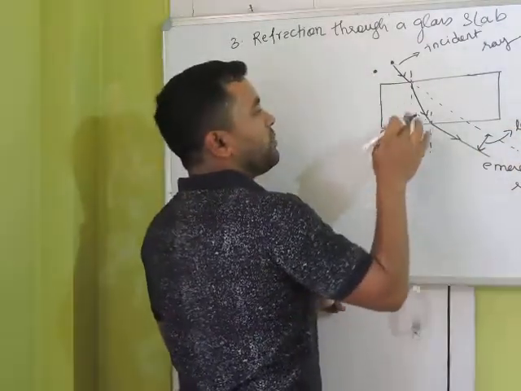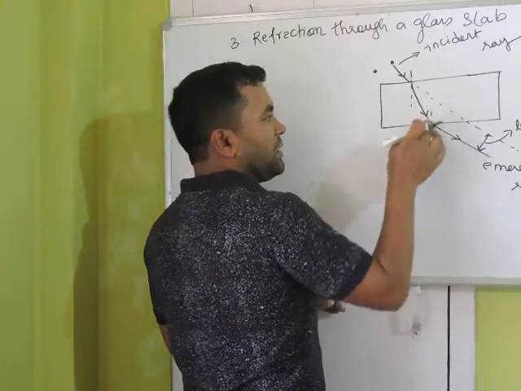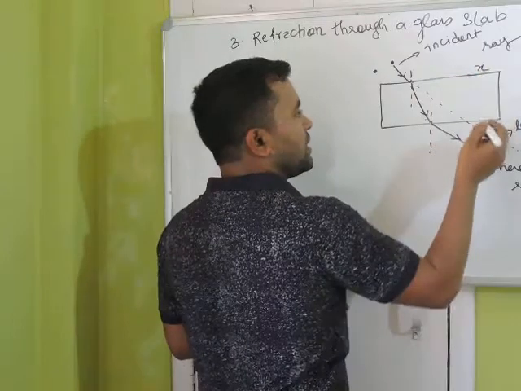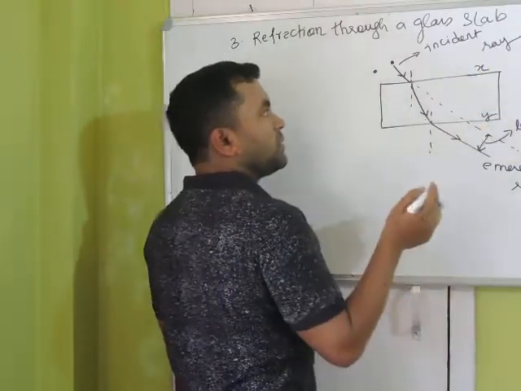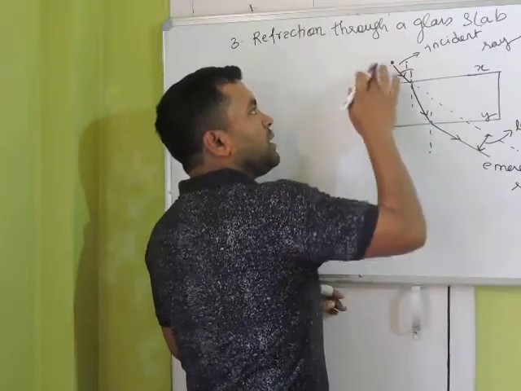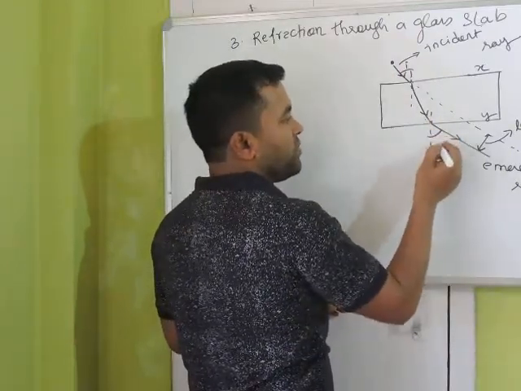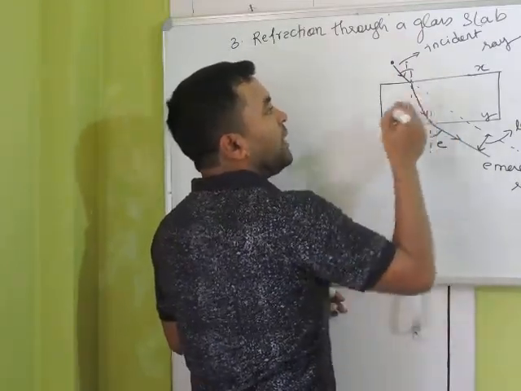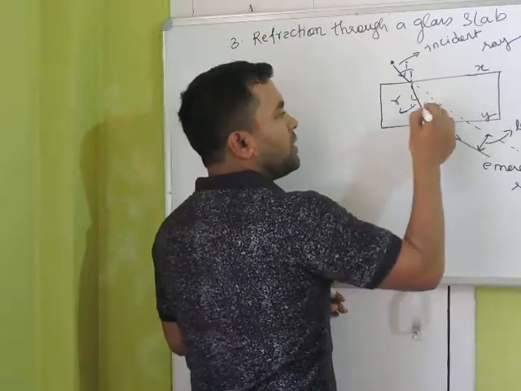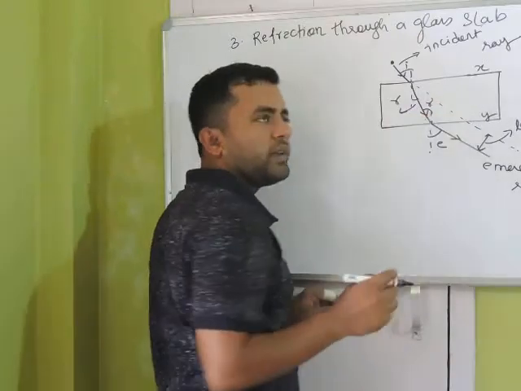Now if I put the angles, and we talked about it, suppose this is the surface X, this is the surface Y, and this is the angle of incidence I, and this is the angle of emergence E, and this is the angle of refraction R, and this is also R, alternating interior angle.